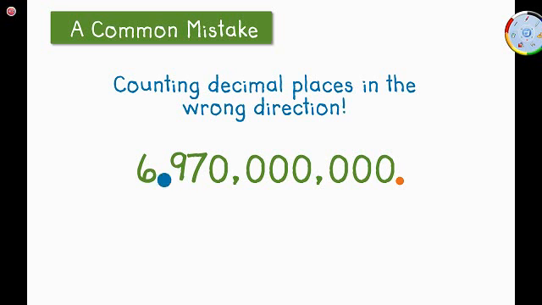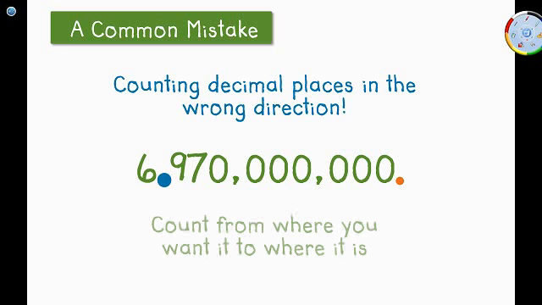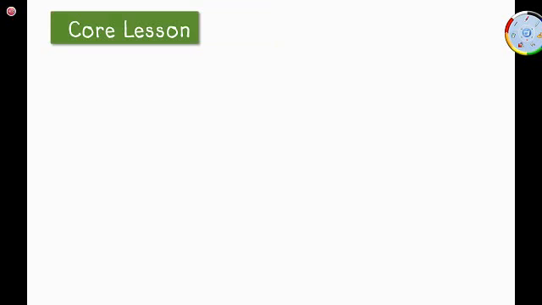But really, we want to count the places that we need to move it, starting with where we want the decimal to go. So in this case, we want to put our decimal in between the 6 and the 9. So instead of starting at the orange decimal and counting forward, we need to start at this blue decimal and count backwards. So you count from where you want it to be back to where it is.